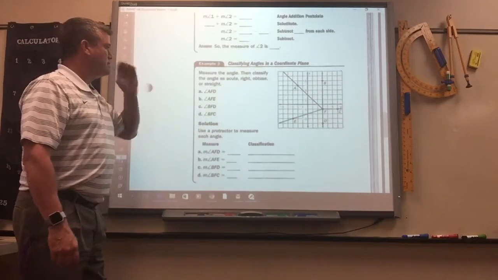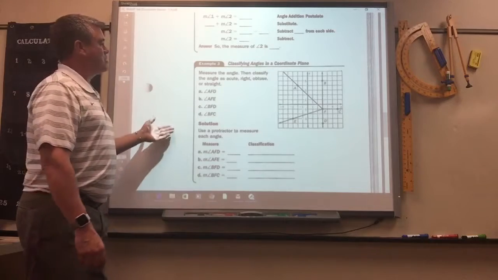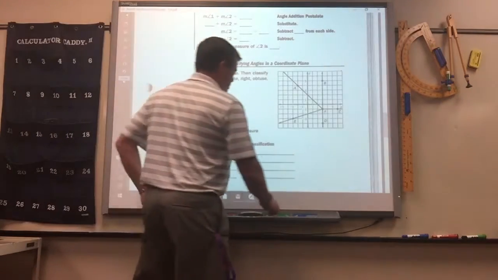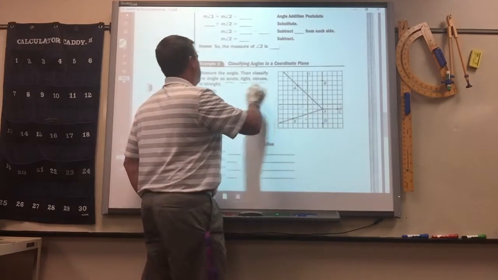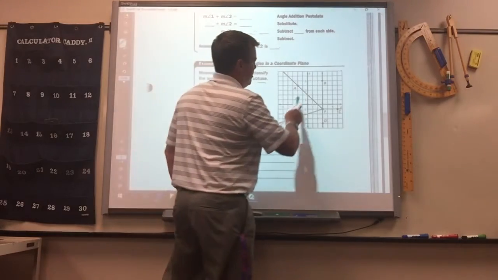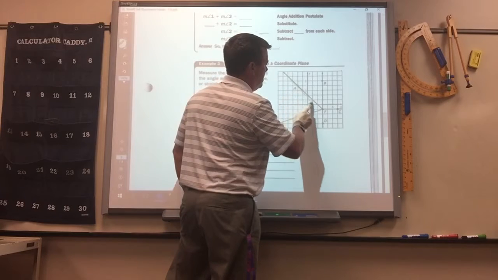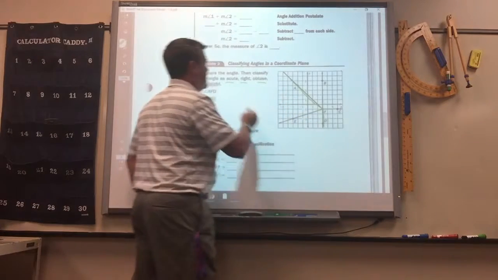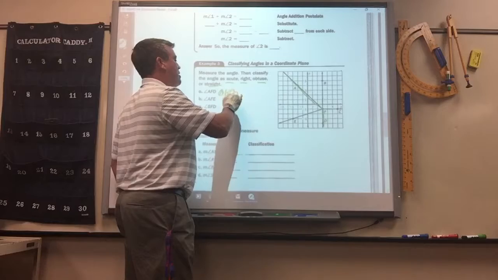Now, we're not gonna measure these, but we are gonna classify angles as acute, right, obtuse, or straight. So angle AFD, that is obtuse.